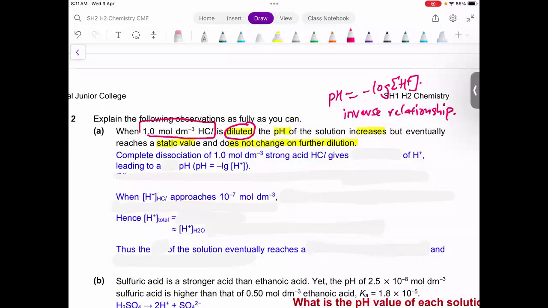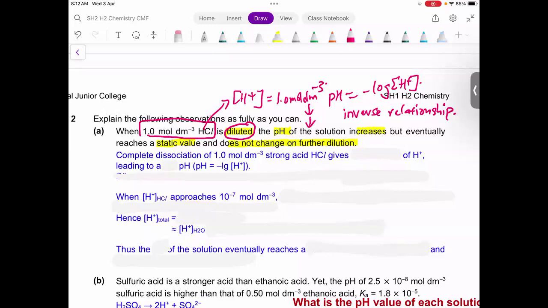In this 1 mole per dm cube, before you add water, is it a full dissociation? Already at 1 mole per dm cube it is full dissociation. So it decreases. Why so? Upon dilution, the H+ concentration will start to drop because the total volume increases. As the H+ concentration drops, the pH value will start to increase. That's logical, right?